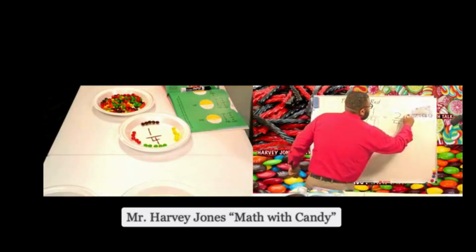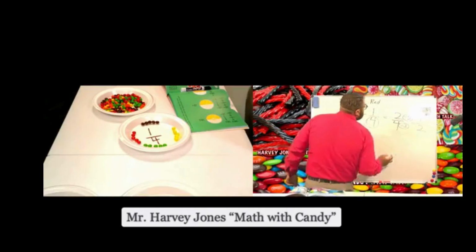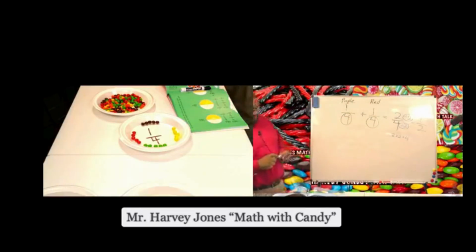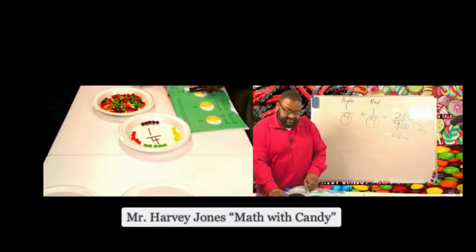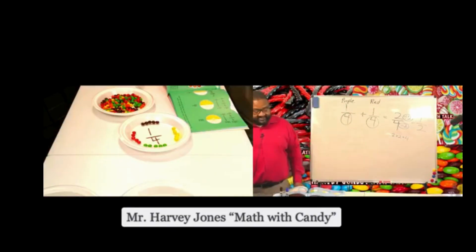This time, divide both the top number, which is my numerator, and my bottom number, which is my denominator, both by 2. 2 divided by 2 is 1. 4 divided by 2 is 2. Why? Because 2 times 2 equals 4. Hey, it's amazing. Skittles are teaching us some math, helping us review our math concepts tonight.